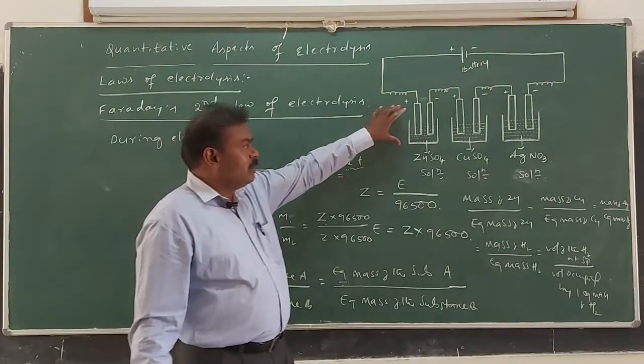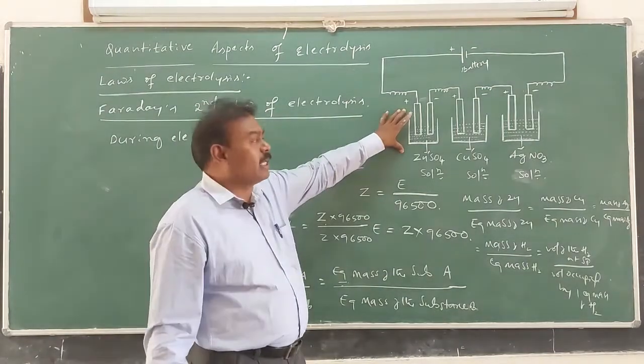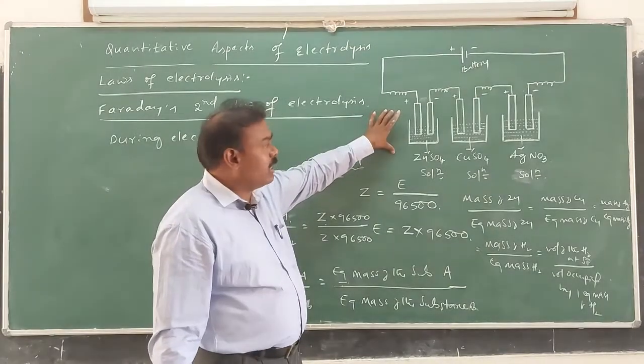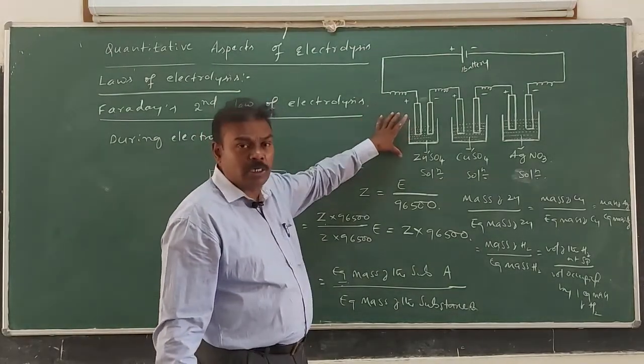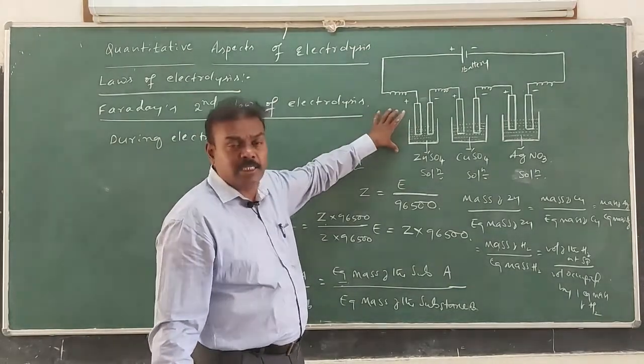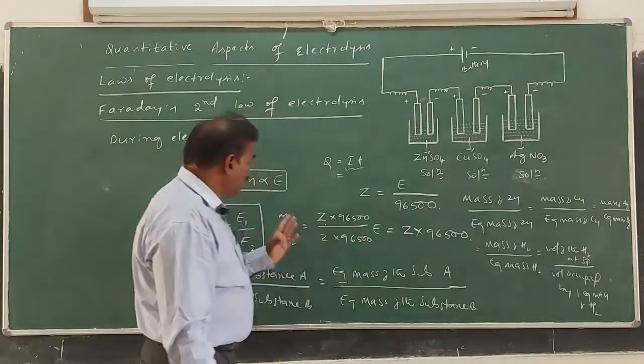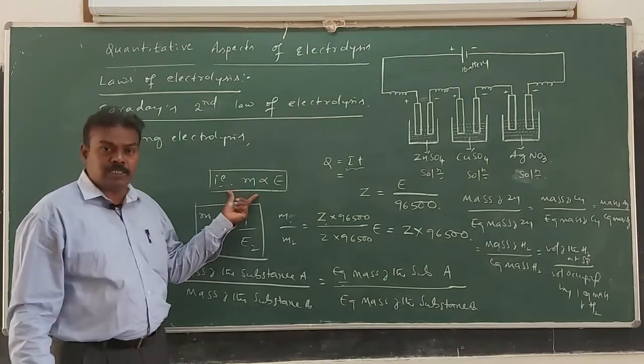When two or more solutions are connected in series, the same amount of electric current is passed through those different electrolytic solutions. How much substance will be deposited? This is according to Faraday's second law.